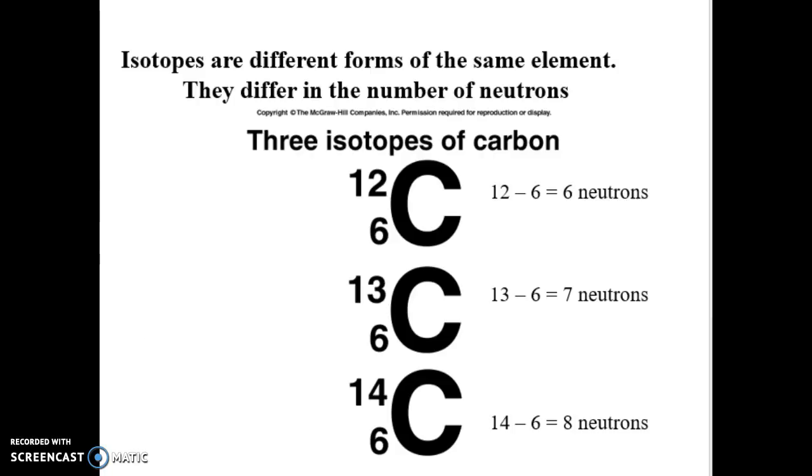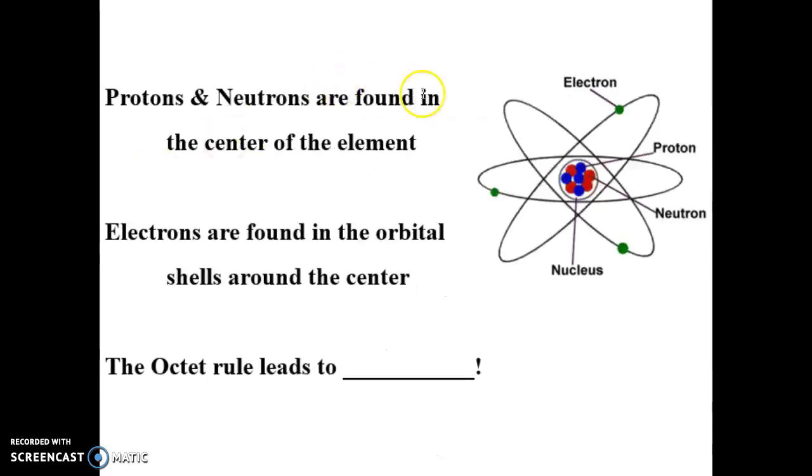Now, as we look at these elements and the basic configuration, keep in mind, protons and neutrons are found in the center of the element. Sometimes this is called the nucleus of the element. The electrons are found in the orbital shells, these little rings drawn out here. There are different numbers of rings.